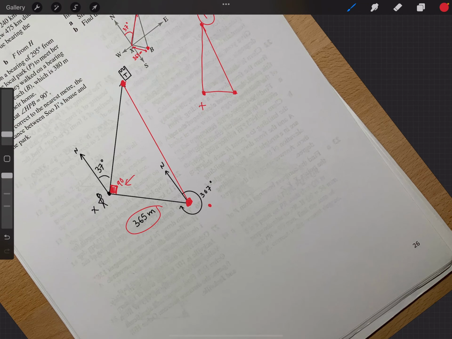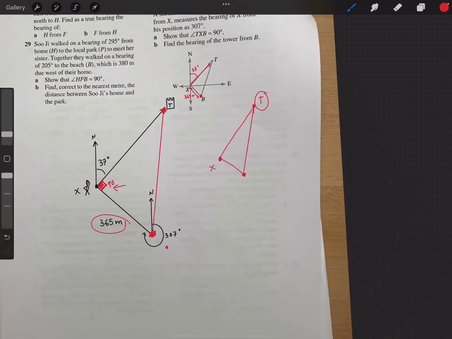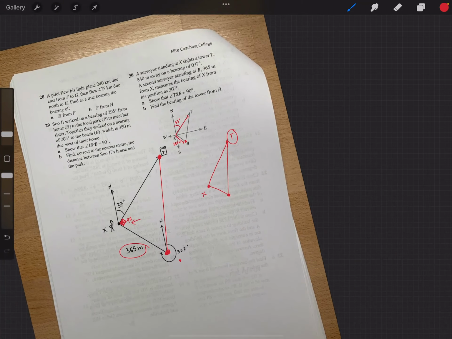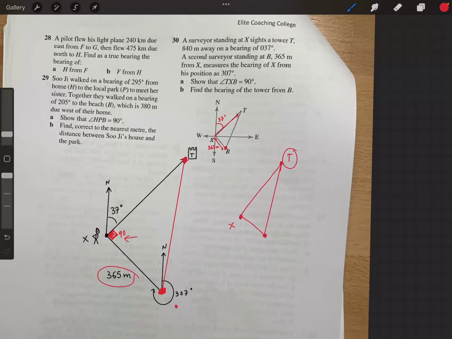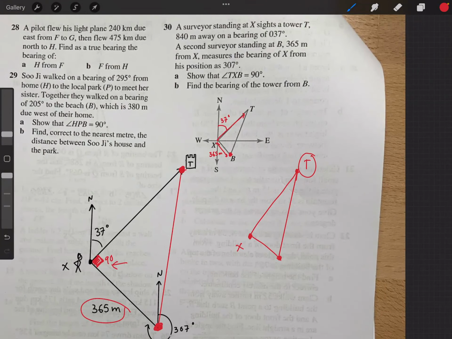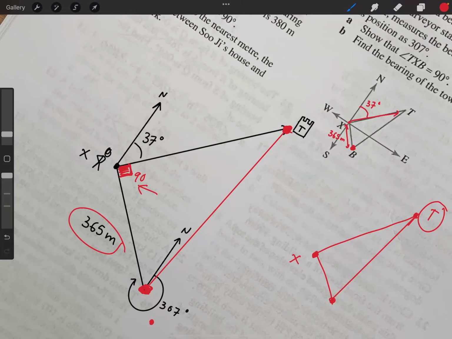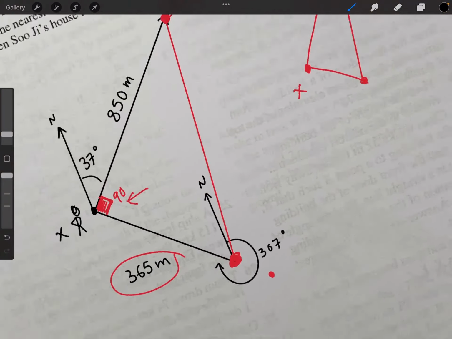Do we have another angle somewhere? 365, and oh, okay, I forgot about this first part here. A surveyor standing at point X sights a tower 850 meters away. So that means this is 850 meters. I should have written this in before. Awesome. Now we have all the information we need.